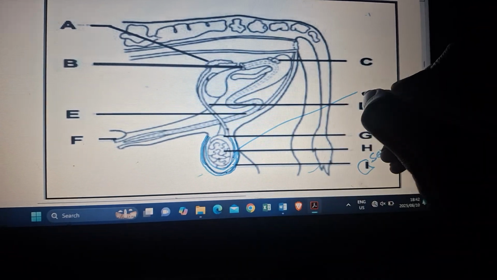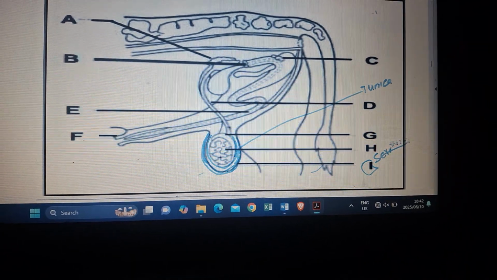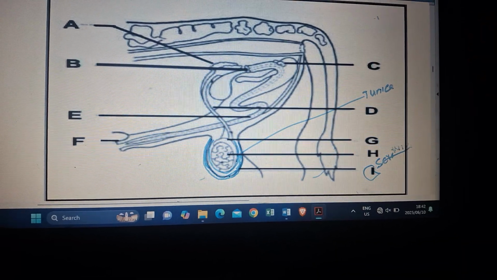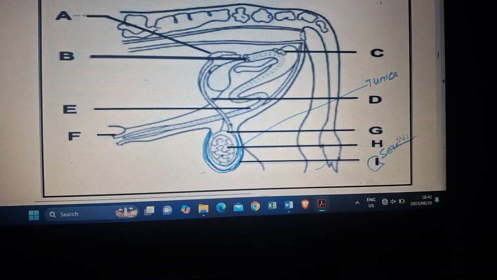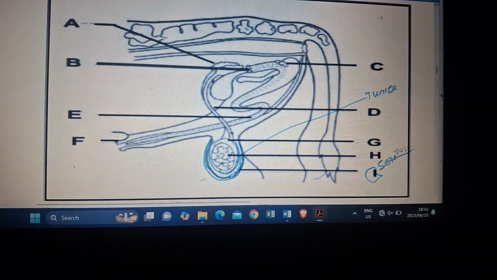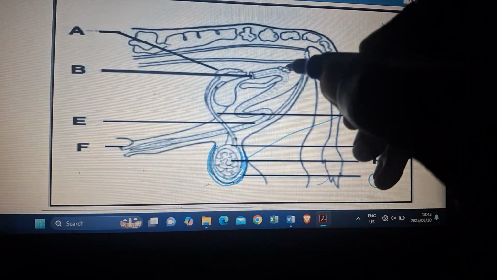That membrane is called the tunica albuginea. So the testis is protected by the scrotum. It is also protected by the tunica albuginea. But for exam purpose, protection is only the scrotum.